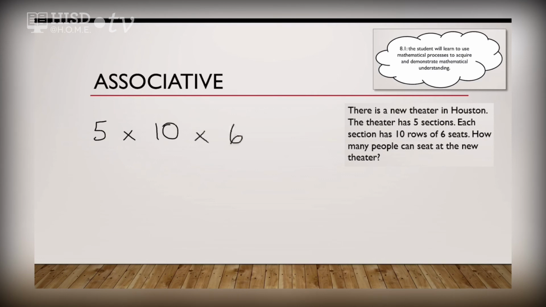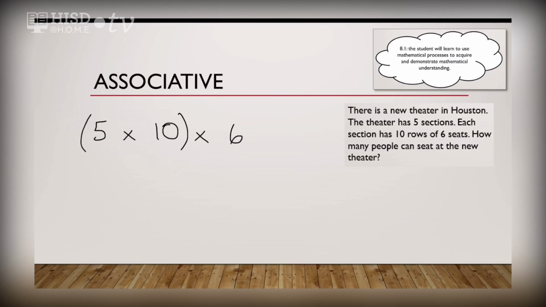Our associative property says that we can group the items in any order and we are gonna have the same result. So that means that I can start with this multiplication first and then multiply times 6, or I can do 10 times 6 and then multiply times 5, or I can even further say that I can multiply 6 times 5 and then multiply times 10.